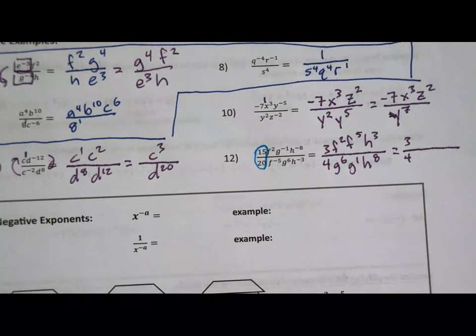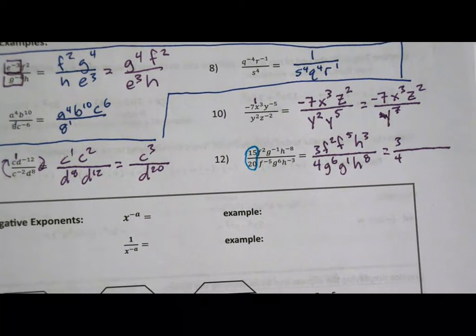Can I get your attention up here really quickly on number 12? If you need, I'll give you a moment to copy that down. We've kind of moved everything around to get rid of all of our negative exponents at this point.